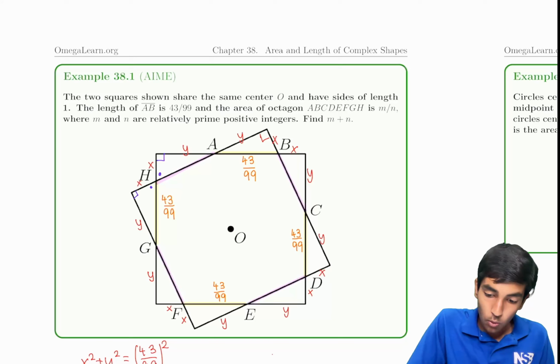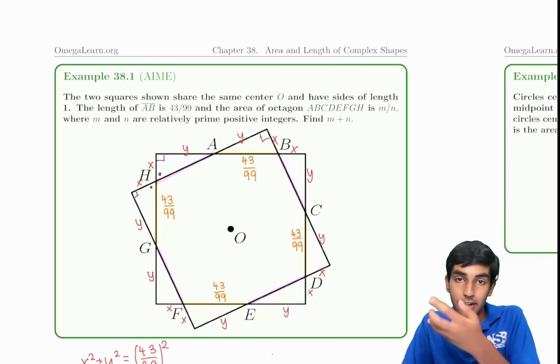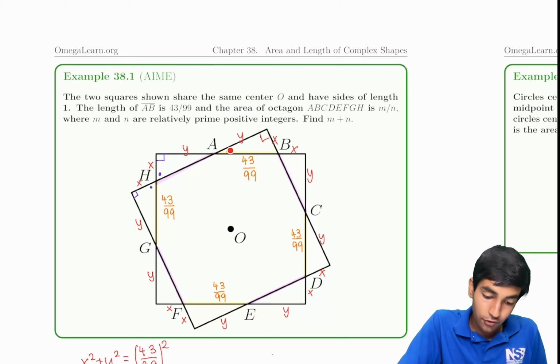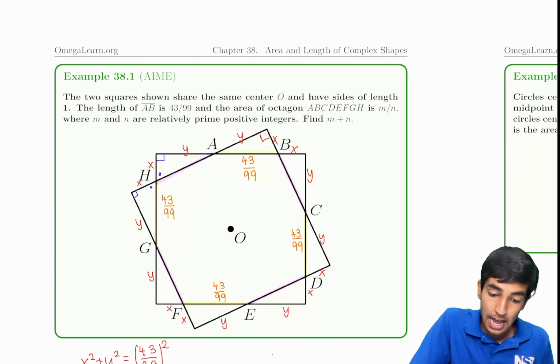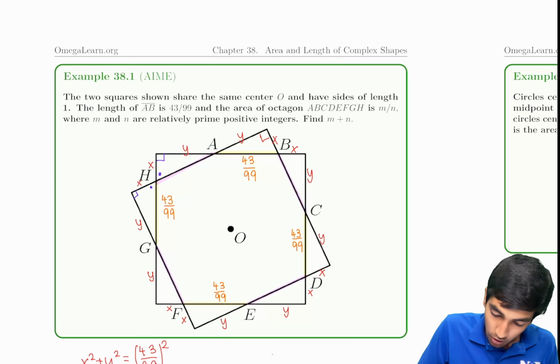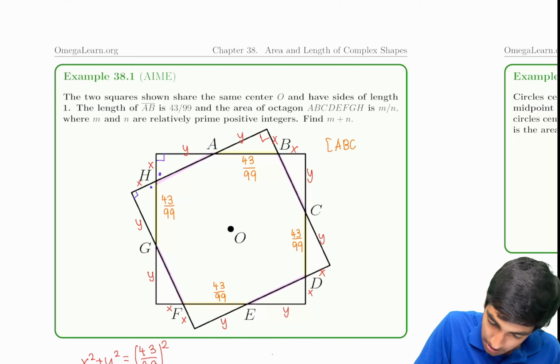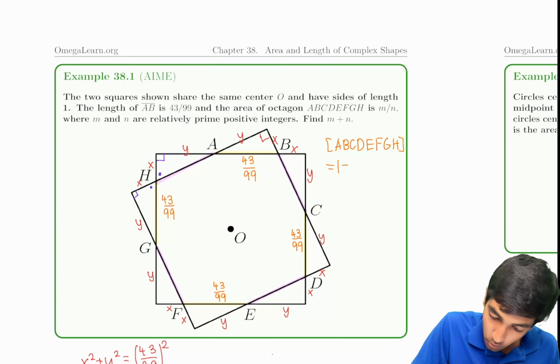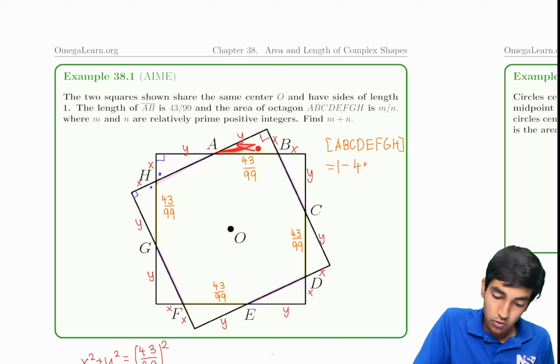And remember, we already know the area of the square, 1. So to find the area of the octagon, we just got to find these triangle areas. And how many triangles are there? So the area of the octagon, the square bracket symbol just means area, is 1, the area of the square, minus 4 times the area of one of these triangles.